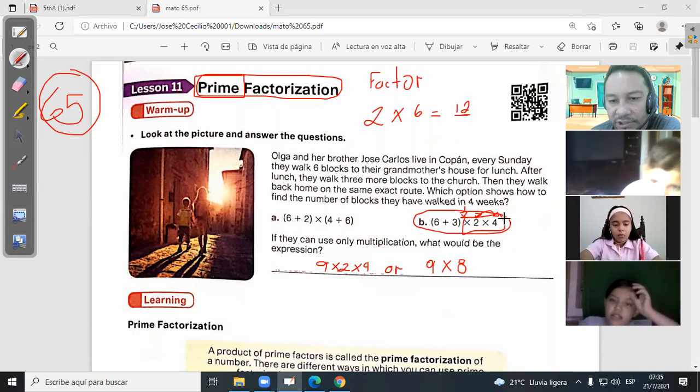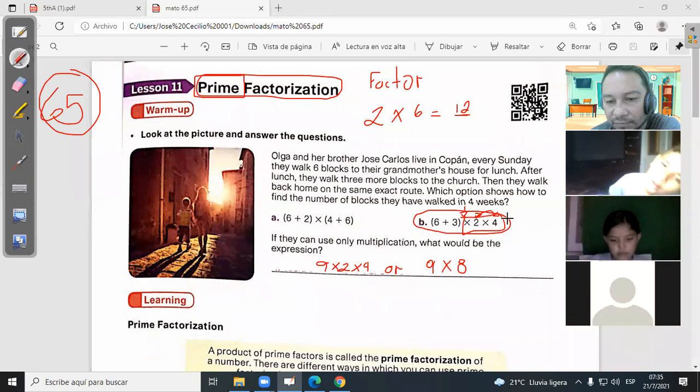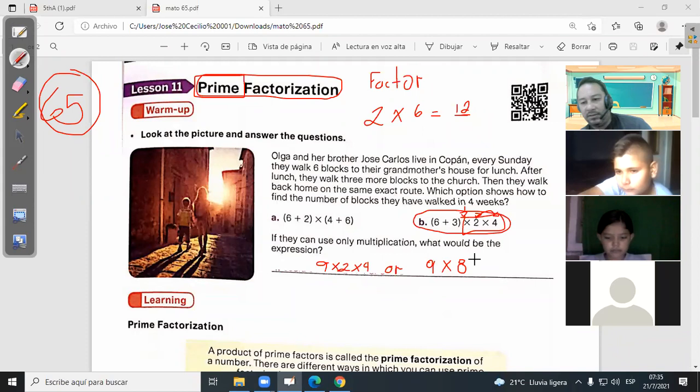The other expression is doing the exercise inside the parentheses and then the multiplication. 2 times 4 is 8, and then 9 times 8. Those are the two expressions that you can use. Clear? Yes.